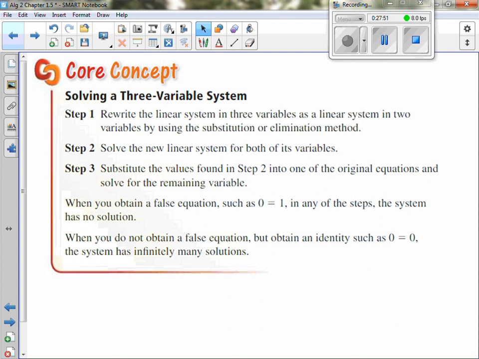When you do not obtain a false equation, but obtain an identity such as 0 equals 0, so essentially all the variables eliminate out and we have something that's true, what happens? The system has infinitely many solutions.